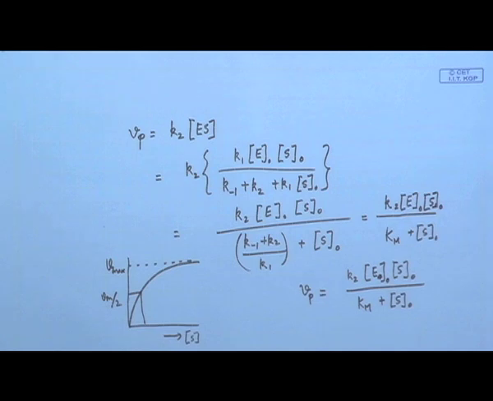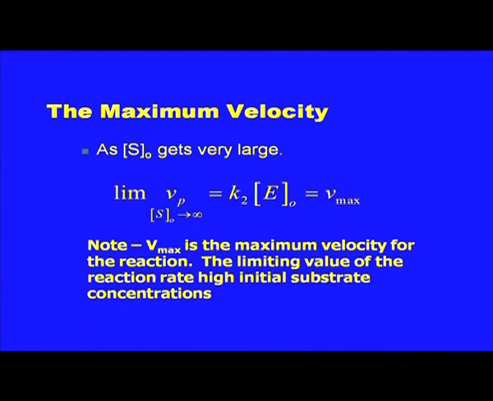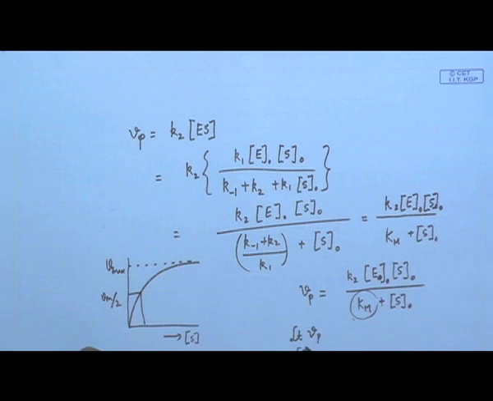Now, if your substrate concentration is very high, then you can neglect this Km compared to S0. Therefore, this equation reduces to, when substrate concentration S0 is very high, K2 into E0.